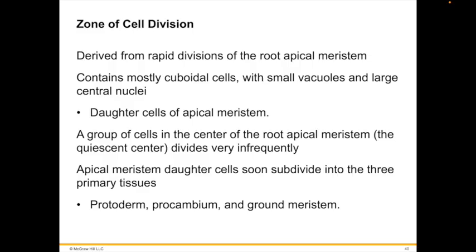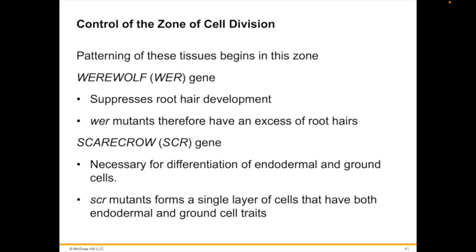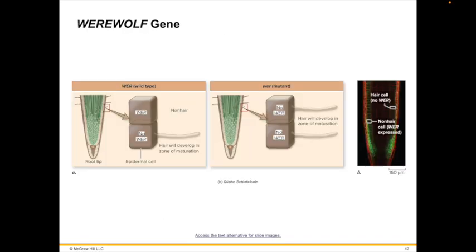These rapidly dividing cells are daughter cells of the apical meristem. A group of cells in the center of the root apical meristem, termed the quiescent center, divides only very infrequently. So I'm not getting into patterning of this or control of cell division.